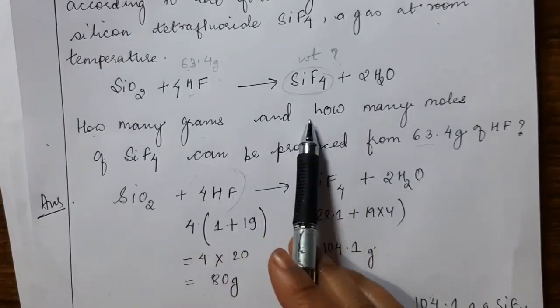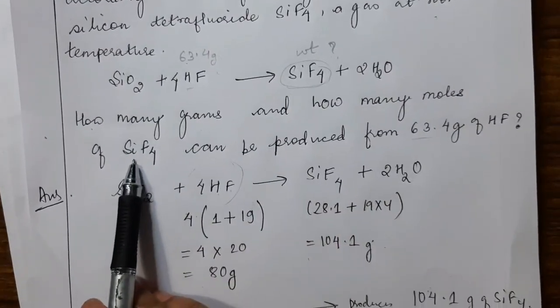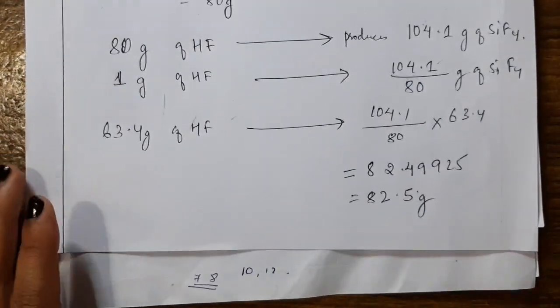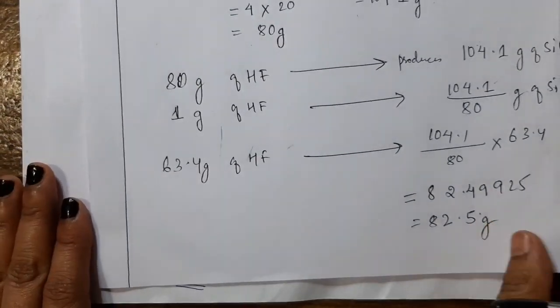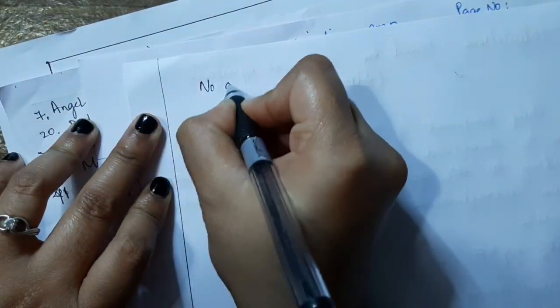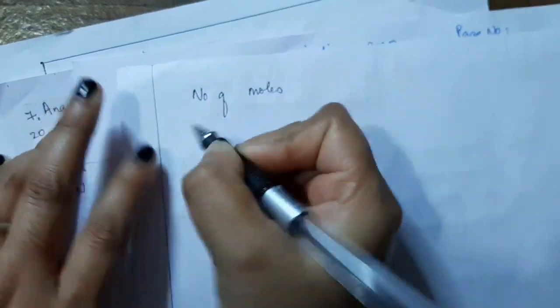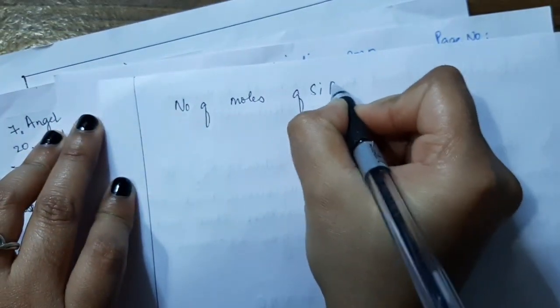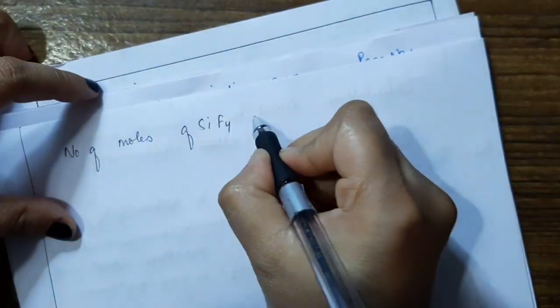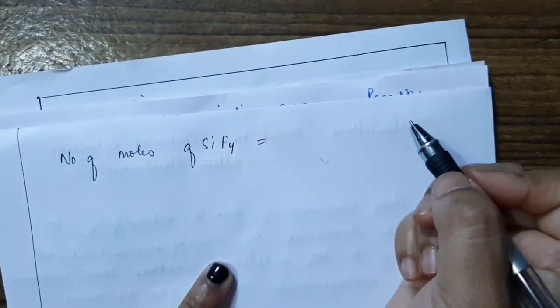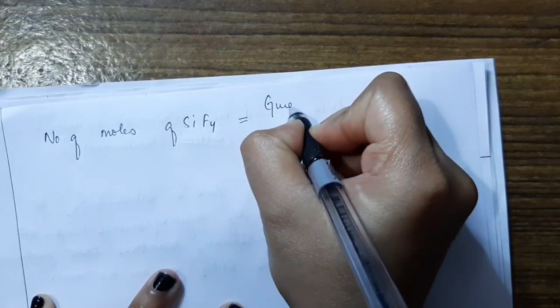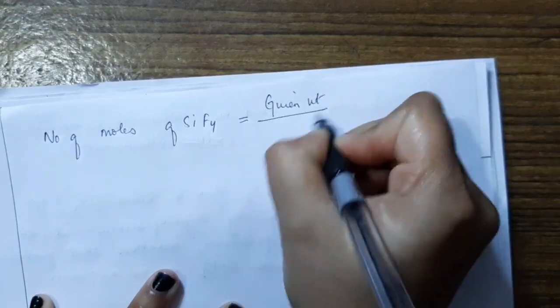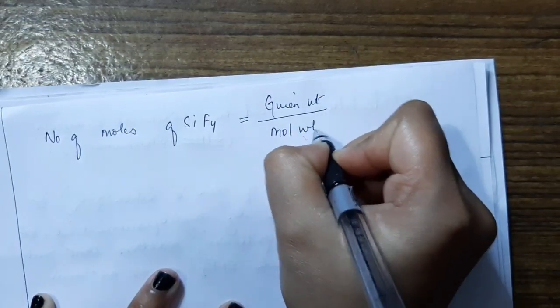Then next one, you have to find out how many moles of SiF4. We got the weight. From the weight we can find out the number of moles of SiF4. So number of moles of SiF4 would be equal to, using the formula that we got earlier, given weight by molecular weight.